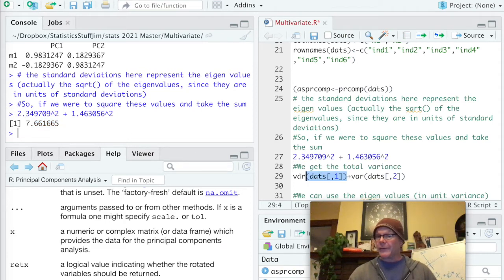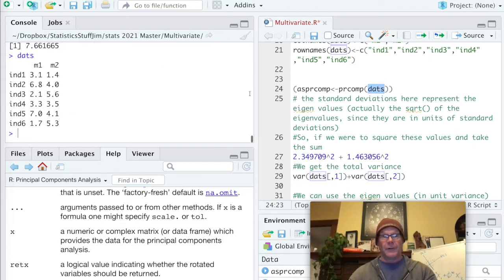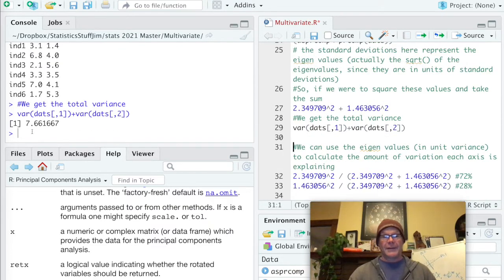That value happens to also be the variance of our first column. So the variance over here of these numbers, plus the variance of this column. And if I add both of those numbers together, I get 7.661667.